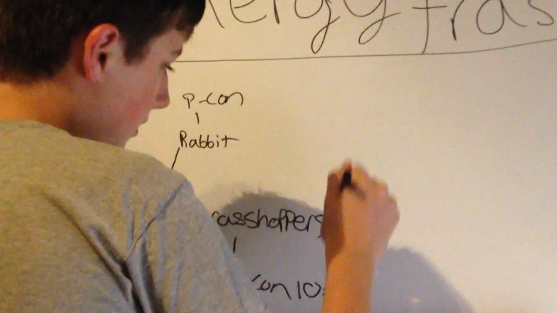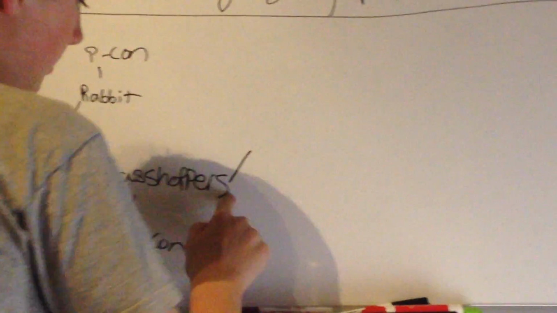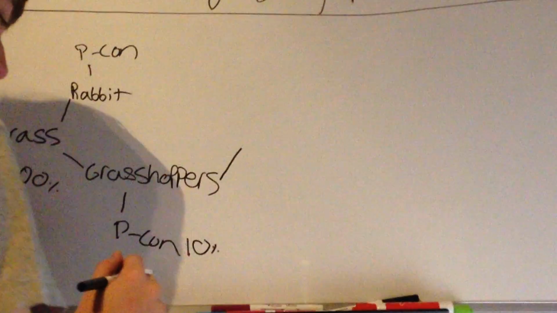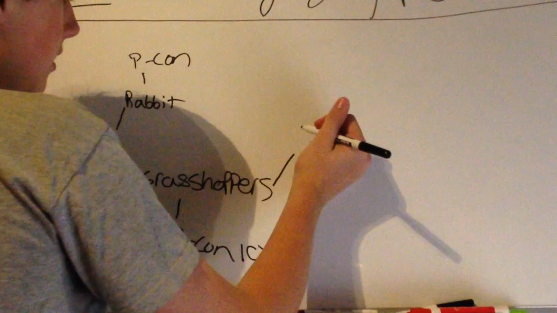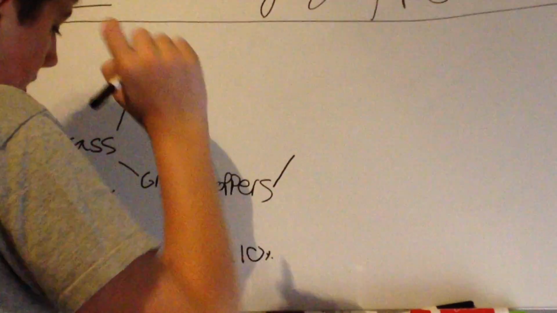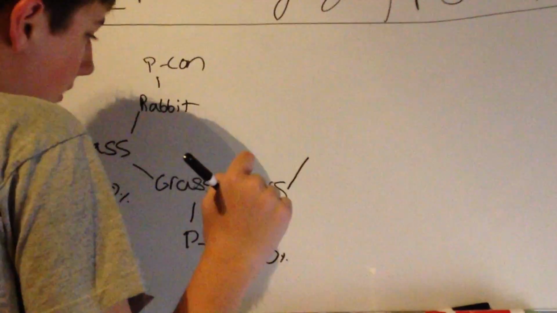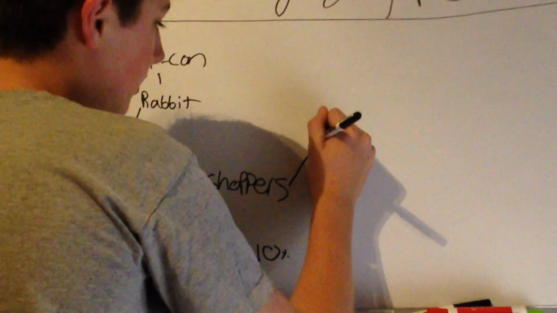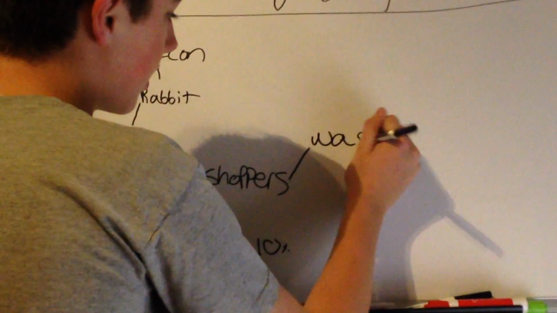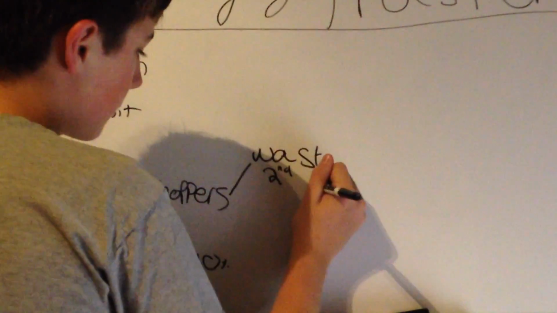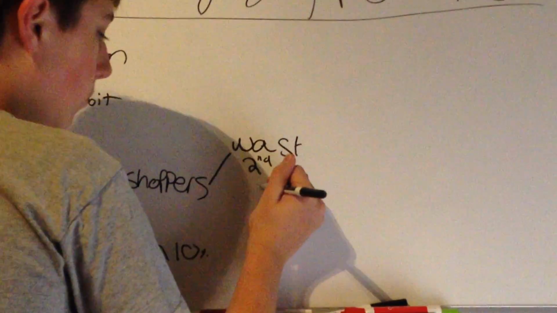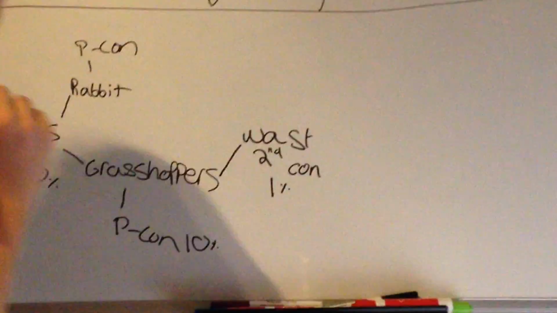Next is the secondary consumers. So say a wasp eats the grasshopper. This makes it a secondary consumer, giving it 1% of the total energy.